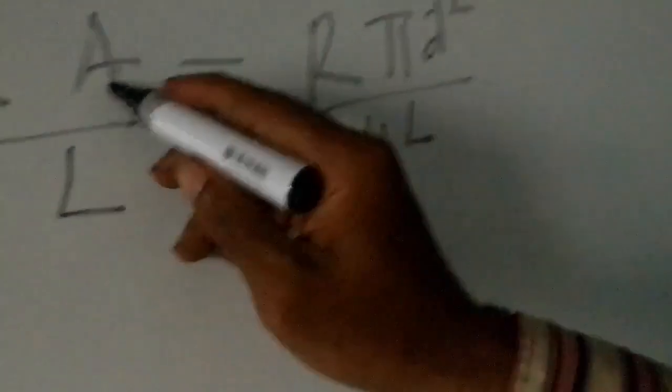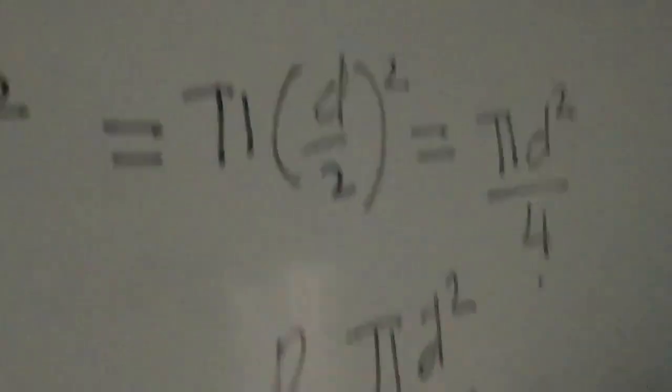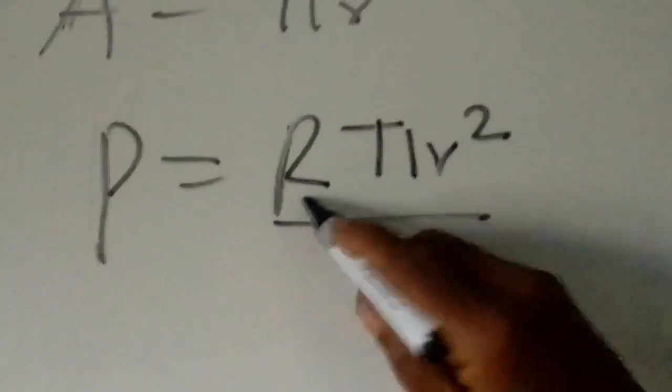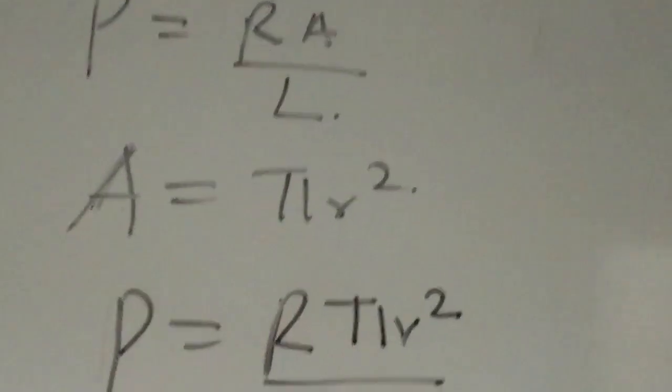So if you substitute area, we now have pi d squared over 4L in this formula. So resistivity can also be given as R pi d squared over 4L, or R pi r squared over L. The first R is resistance, the smaller r is radius, over the length of the wire. Or from here, RA over the length of the wire. So now we're going to look at some past questions on this topic.